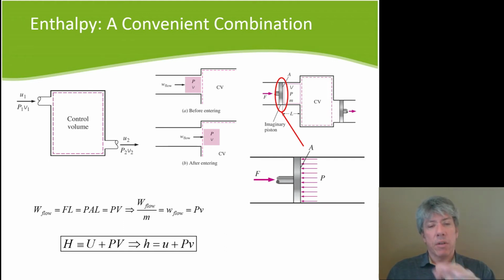So now we're writing the flow work with a lowercase w, indicating the specific work or the work per unit mass. And of course what that does to our PV product is just takes the volume and changes it from a total volume to a per unit mass volume, or what we've already discovered and called a specific volume. We don't mean a particular volume, we mean the volume per unit mass, or in other words, the inverse of density.